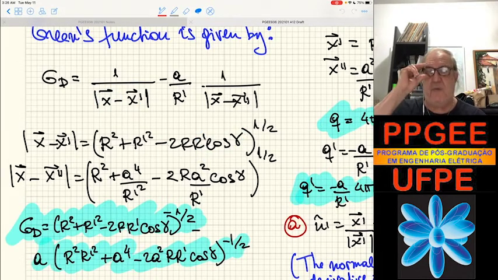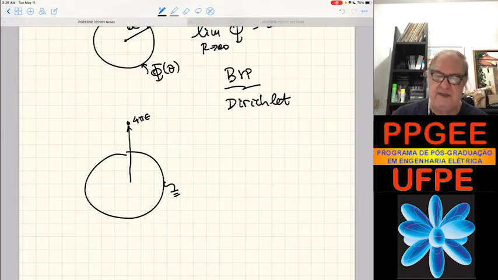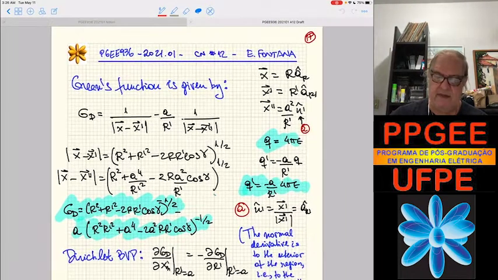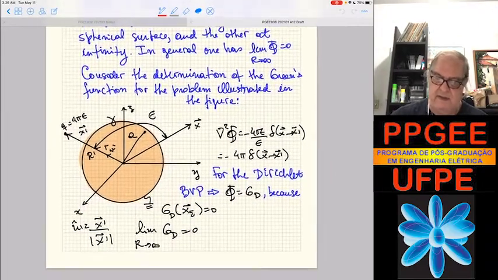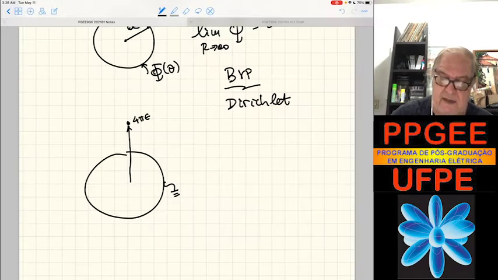X minus x2 prime, where x2 prime is the location of the image charge. I'm not showing it there, but let me do the image charge separately here.